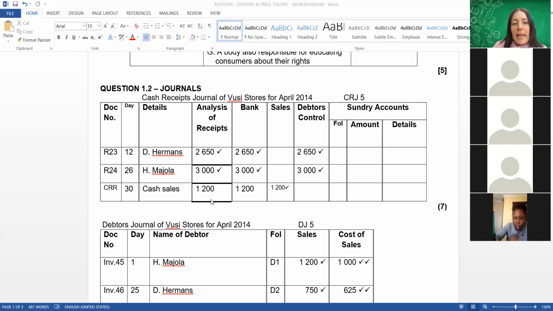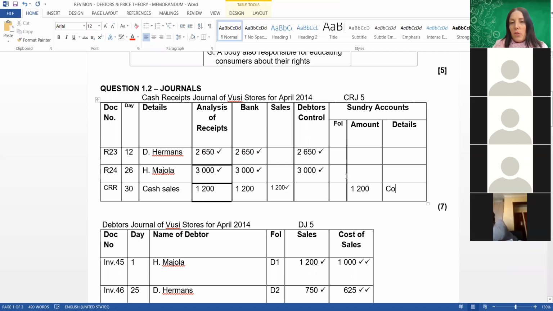So in analysis of receipt, 1,200, bank 1,200, sales 1,200. So I only gave an amount for sales or a mark for sales. There should have been a cost of sales column, but if you perhaps put it in your sundry accounts, if any of you did it, then it would have looked like that. I will just add it there.